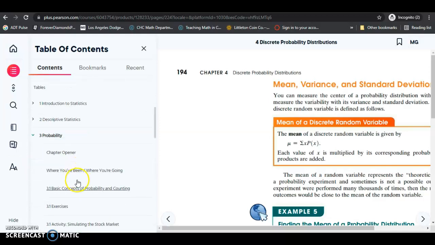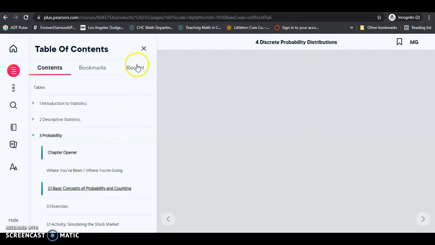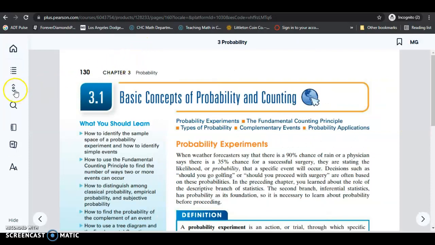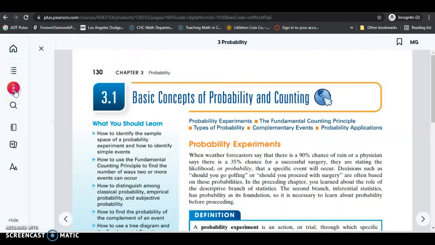We're going to go to section 3.1, and in section 3.1, we want to go to page 137. If there's a specific page you want to go to in the book, you click on this button here, which is navigation, and then you can drag and drop this icon here to change the page number.